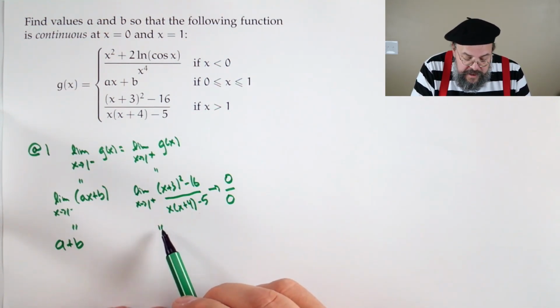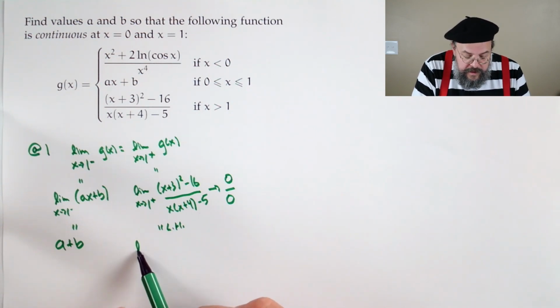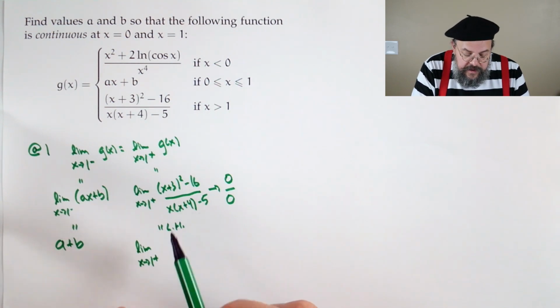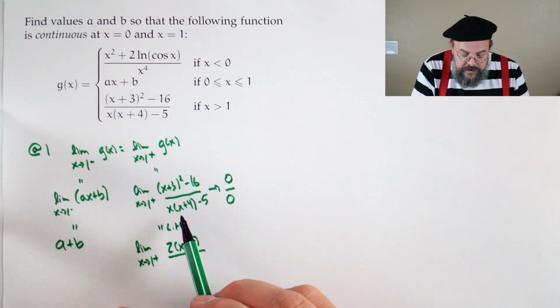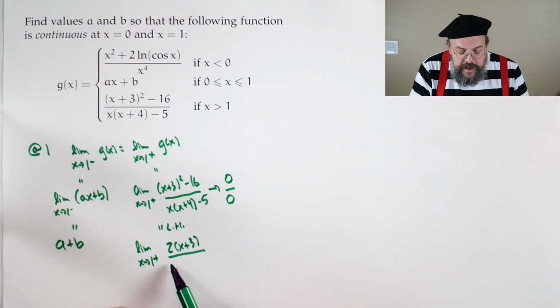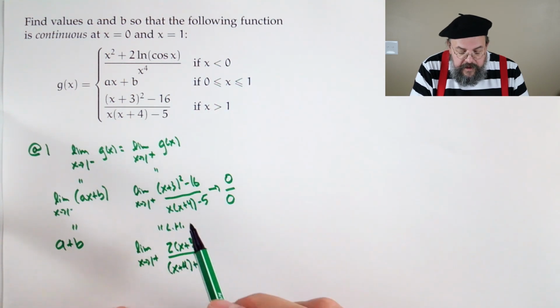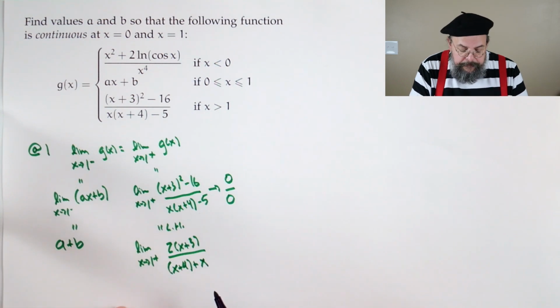So we apply L'Hopital, and what do we get? The limit as x approaches 1 from above of, upstairs, 2 times (x plus 3), and downstairs, product rule: the minus 16 goes away because the derivative of a constant is 0. It would be the derivative of x, which is 1, times x plus 4, then plus x times the derivative of x plus 4, so that would be x, and then the 5 goes away.